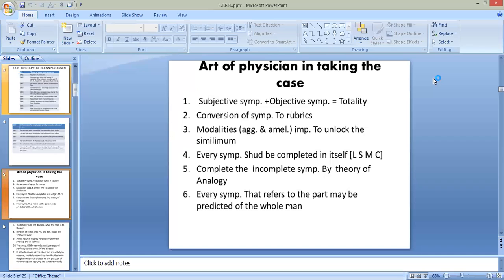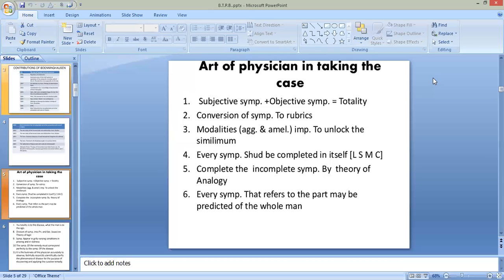Dr. Kent was the great critic of Dr. Boenninghausen's concept. Dr. Boenninghausen gave importance to the complete symptom. He introduced the doctrine of grand generalization, and Dr. Kent was against those concepts because, according to Dr. Kent, we cannot cure the part or the organ, but we have to cure the patient.